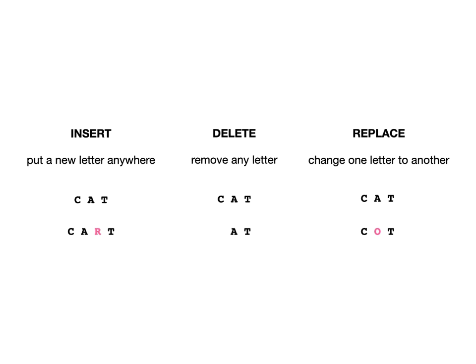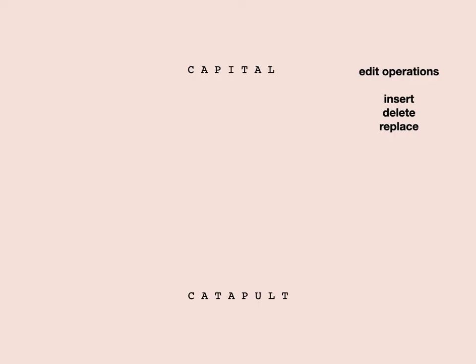Let's noodle with an example. So, if I wanted to turn capital into catapult, we're working with a lot of stuff now. There's a lot of directions you could go here. Let's just walk this particular direction. We have a few options available. We can convert the P to a T and turn it into catatul.